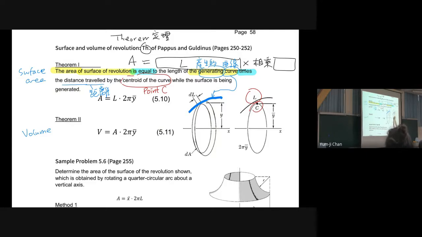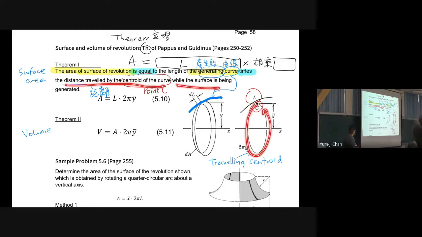So this is the distance traveled by the centroid of the curve, while the surface is being generated.